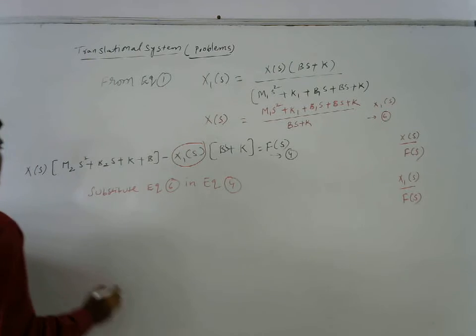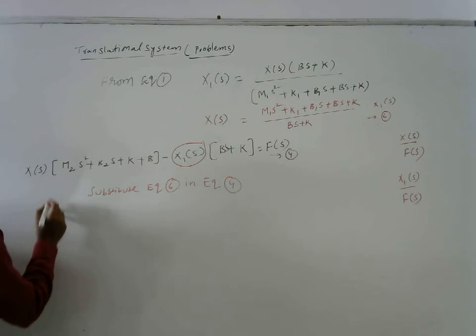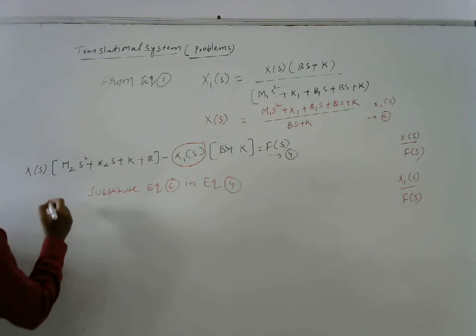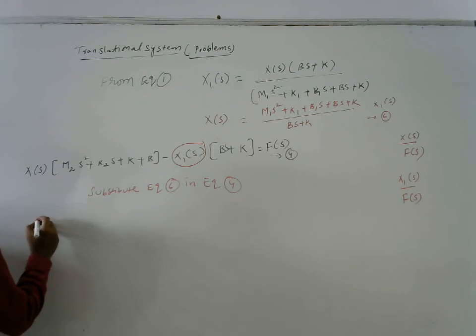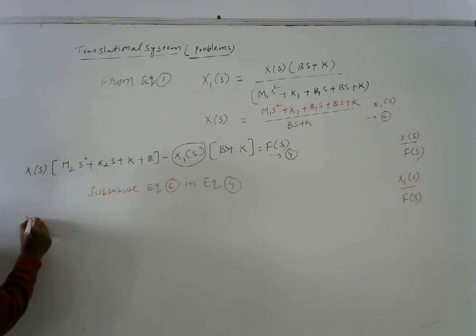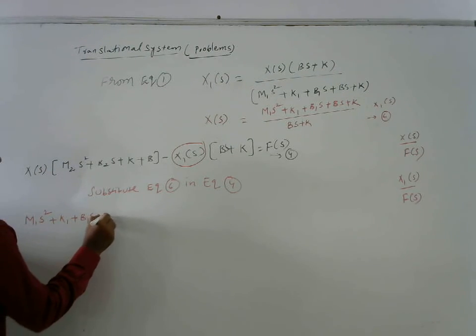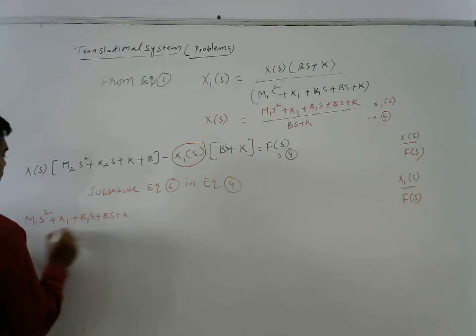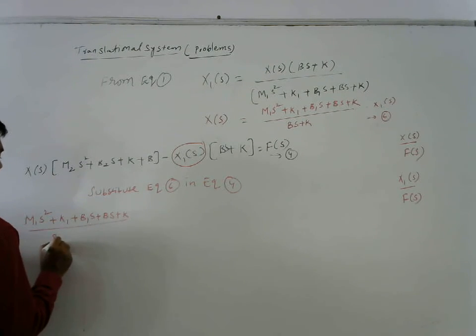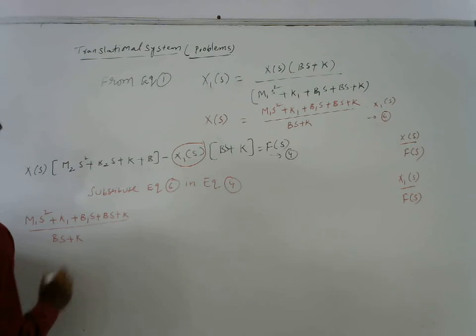In the place of x of s, what do we need to substitute? x1 of s, that means m1 s square plus k1 plus b1s plus bs plus k whole divided by bs plus k.